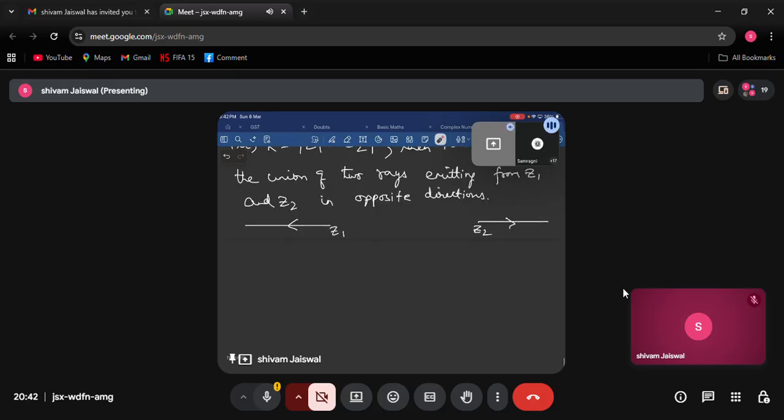Okay. One last problem. Last problem for complex numbers. Class is not yet over. Okay. Find the number of complex numbers satisfied.